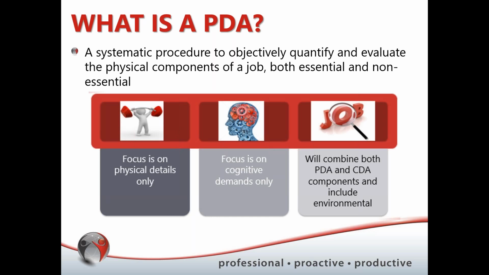It should be objectively documented in that PDA, not only lifting weights, but for example the lifting heights, because we know that working above shoulder height is often a restriction you will see from a doctor, right? They give some variables like that. So we want that level of detail so that we can successfully make that job match.